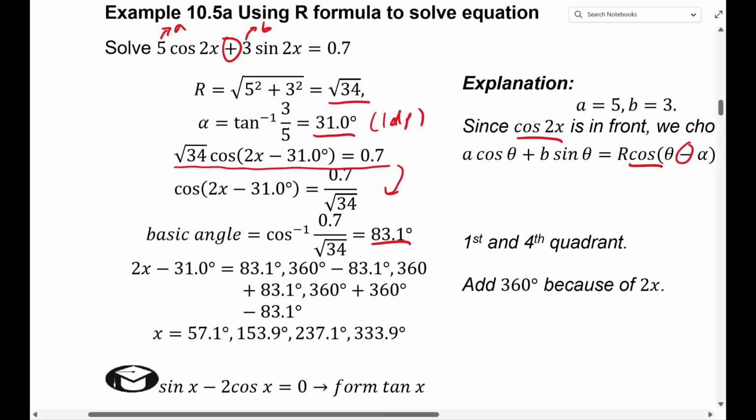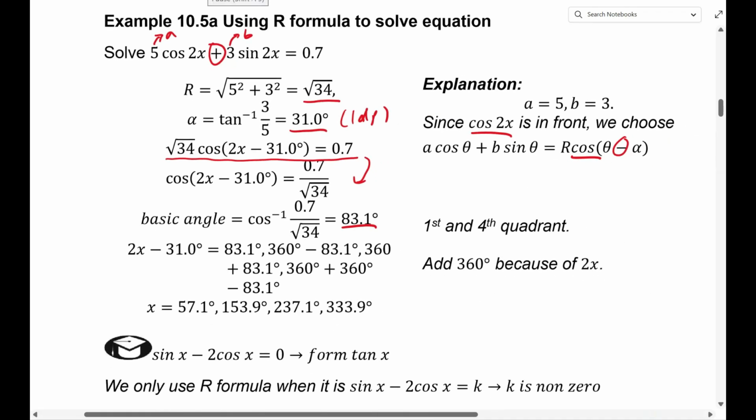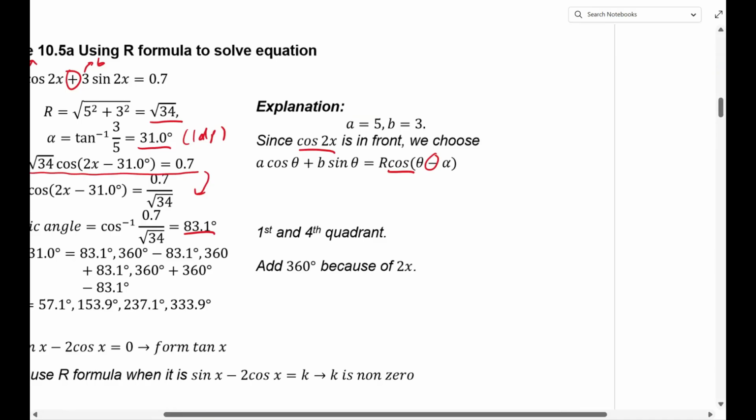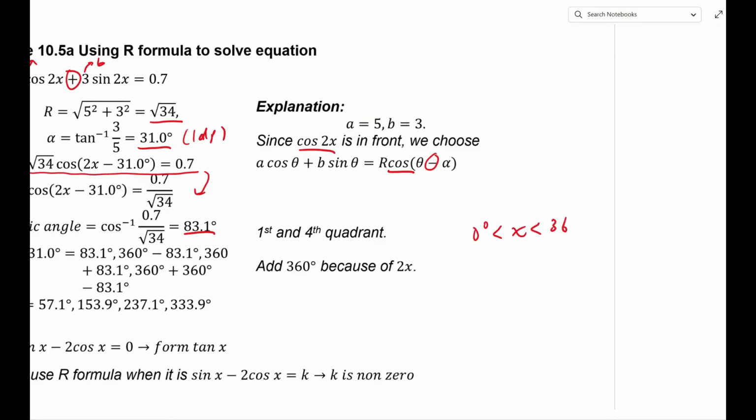Now whenever you do this kind of trigo question, you need to first find the range of what your 2x minus 31 can be. Since our x has to be between 0 degrees and 360 degrees, then 2x will have to be between 0 degrees and 720 degrees.